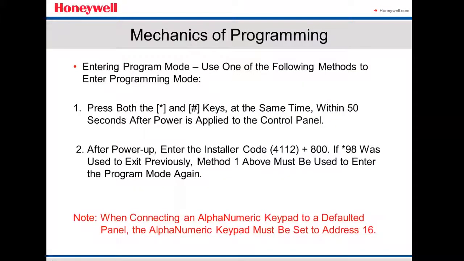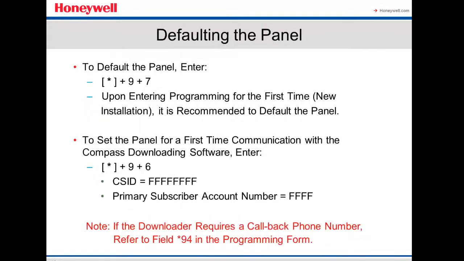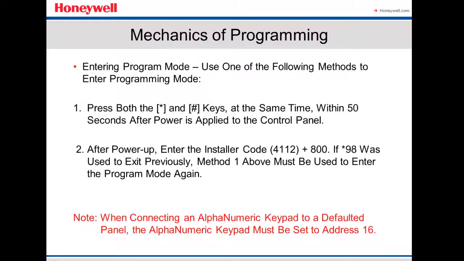This is some programming mechanisms. For example, the installer code is always 4112 plus 800 by default. That's your installer code. Later on you can change it. These are the different ways to get into the programming and get out.